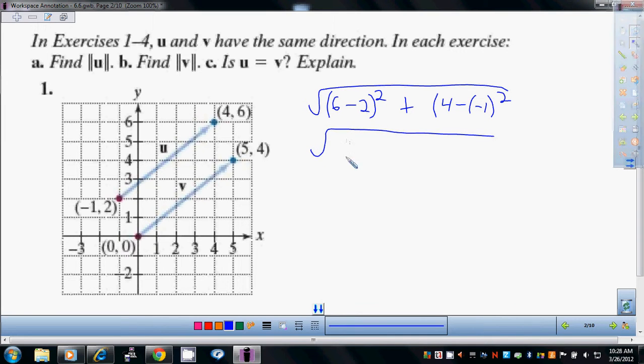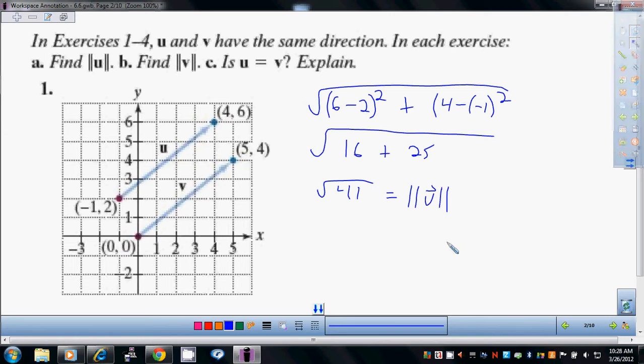So that's 16 plus 25. What is that, 41? So U has a magnitude of radical 41. These little symbols mean magnitude. That is the magnitude of vector U.